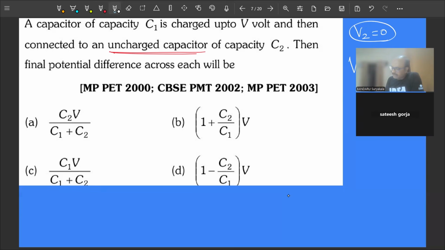Here V2 0 means this part becomes 0. So V is equal to C1 V1 by C1 plus C2. So option C is the correct answer for this. So whenever they give an uncharged, for this problem, this is the key point. Whenever they give an uncharged, which is equal to 0.